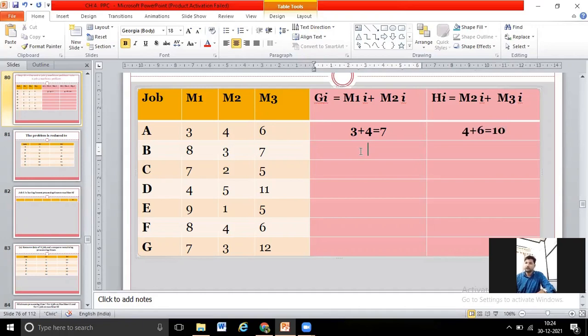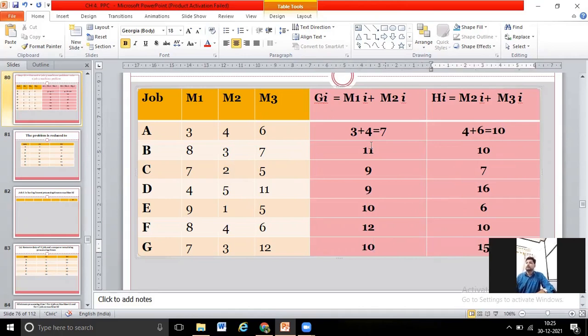Okay. So in this manner you have to solve. So 8 plus 3, 11, and 3 plus 7, 10. 7 plus 2, 9, and 2 plus 5, 7. 4 plus 5, 9, and 5 plus 11, 16. 9 plus 1, 10. 1 plus 5, 6. 8 plus 4, 12. 4 plus 6, 10. 7 plus 3, 10. 3 plus 12, 15.